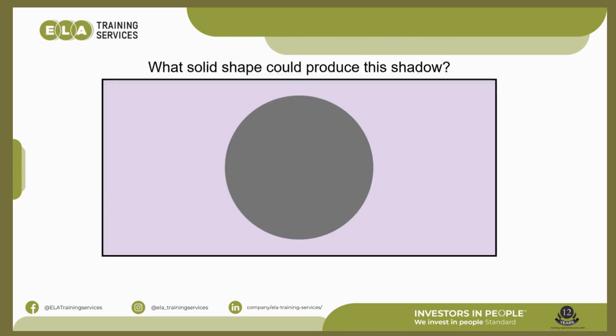Now this time we have another shape. Its 2D name is circle. So what shape could make a 2D circle? Well, again, the obvious answer would be a sphere or a ball. The 3D name is sphere, but essentially we mean a ball.